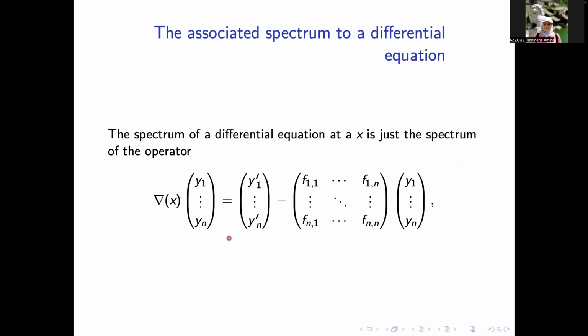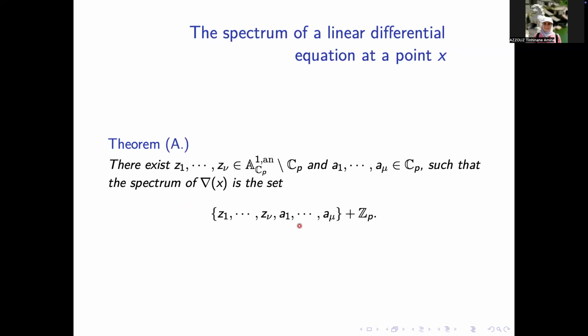And for any differential equation, we can define an operator, and this operator is defined using this matrix. One of my results is that when I compute the spectrum, it is a discrete set, and there is an important part of this discrete set.